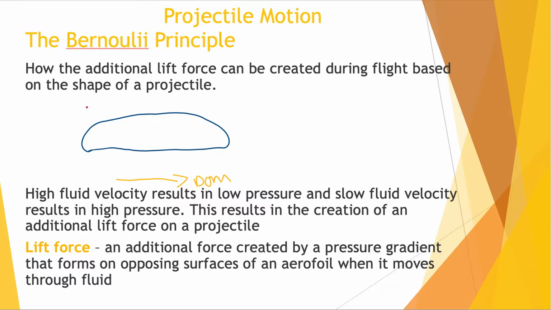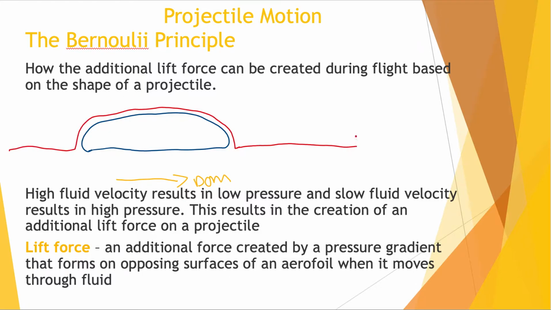The airflow lines show the flow of air around this object. So we've got air coming towards this projectile, and this piece of air here, as it hits the bottom of this shape, would be forced up and around, over the top of it, and down around the other side.